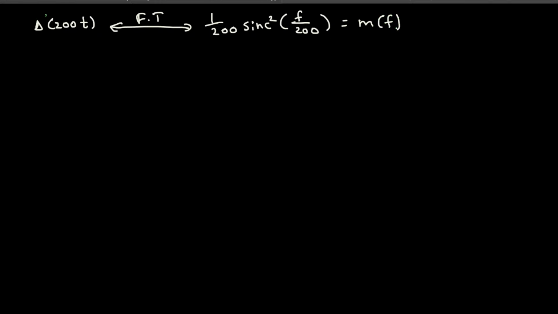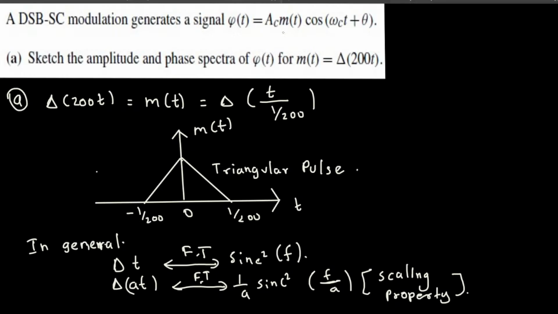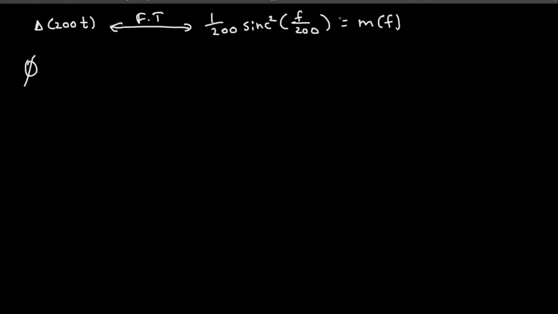So this is the one given to us. If you do the Fourier transform of that, that's 1 over 200 sinc square f over 200. Then the given signal phi of t is AC m of t cos(omega ct plus theta), and we have m of t given, so we just plug it into this equation to find the corresponding signal.